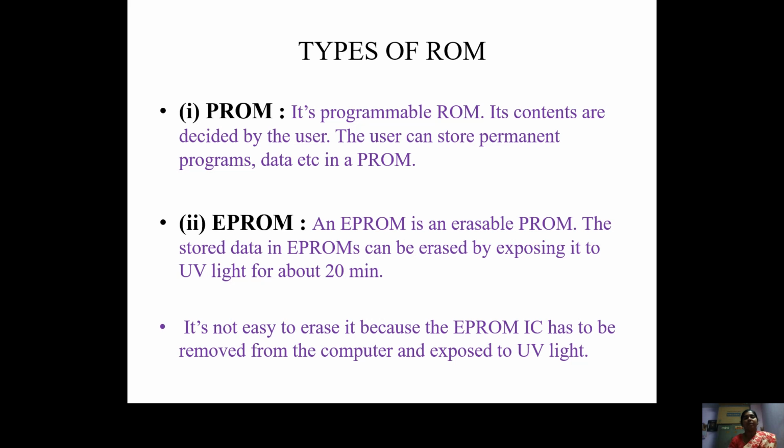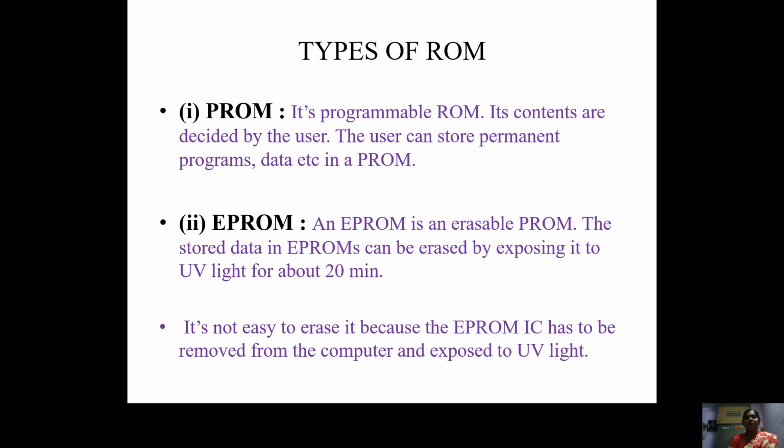The first type of ROM is PROM, which is programmable ROM. That means it is possible for the user to write the content. Its contents are decided by the user. The user can store permanent programs, data, etc. in a PROM. So unlike the basic structure, it is possible for the user to write the contents into the ROM.